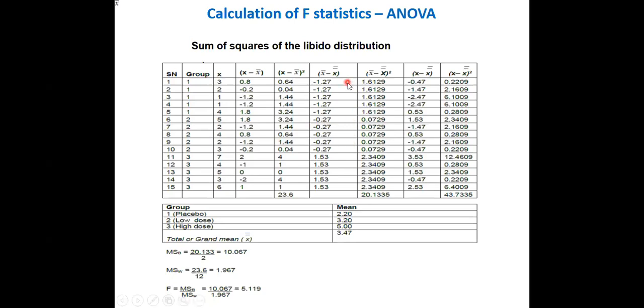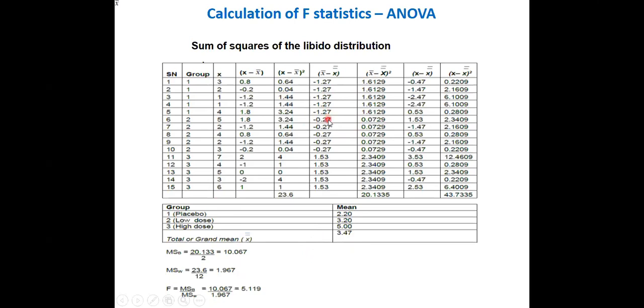So for group 1, the mean is 2.2. The grand mean is 3.4547. When you remove the 2.2, it gives you this for the first 5.